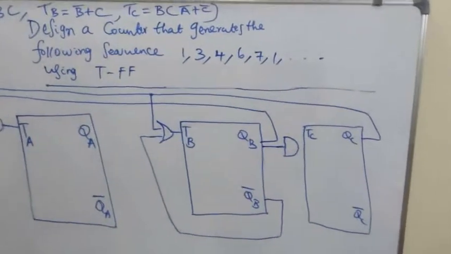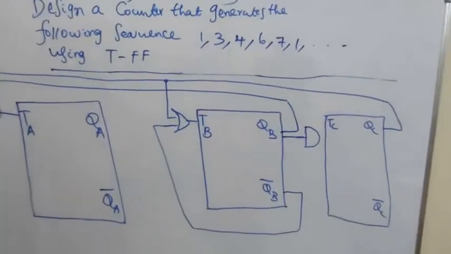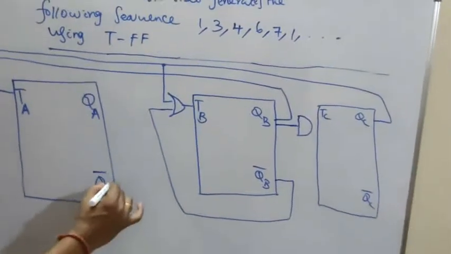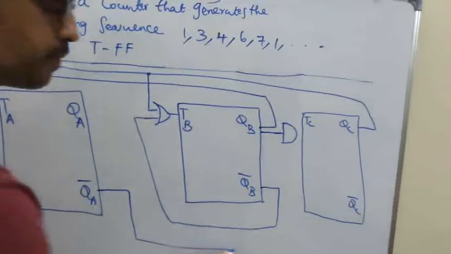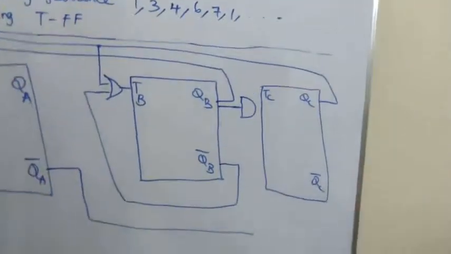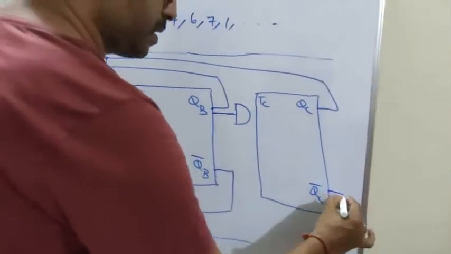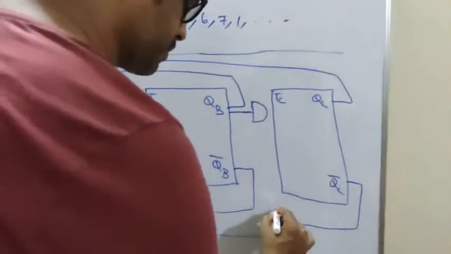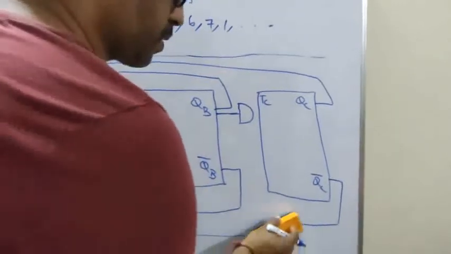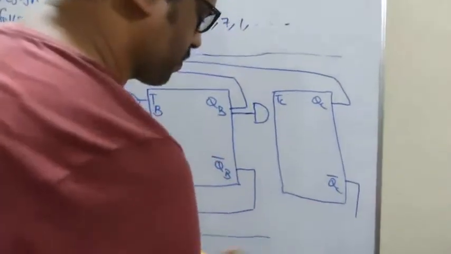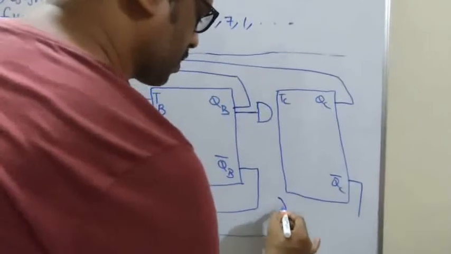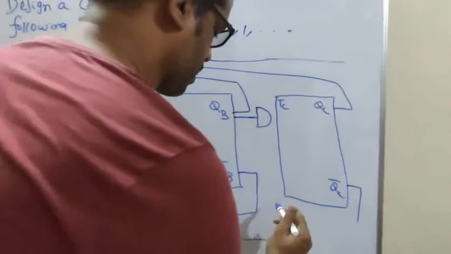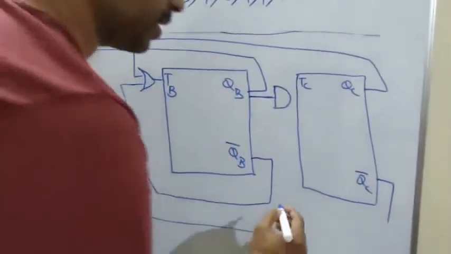A dash means we have to take the complemented output of A, right? And C dash. We will take it like this. It could be very clear. A dash, then C dash. Okay, go by like this.